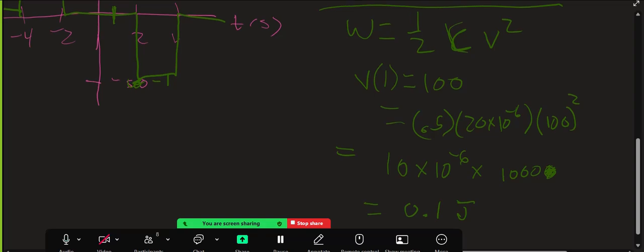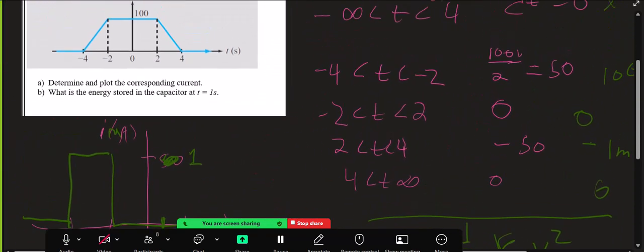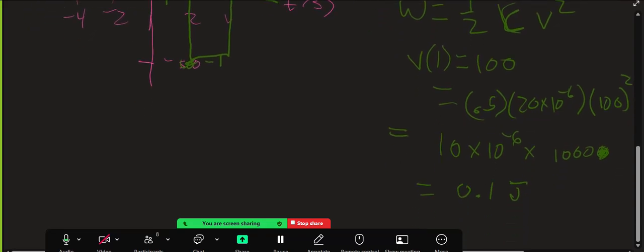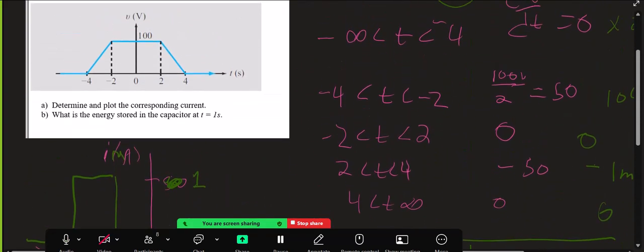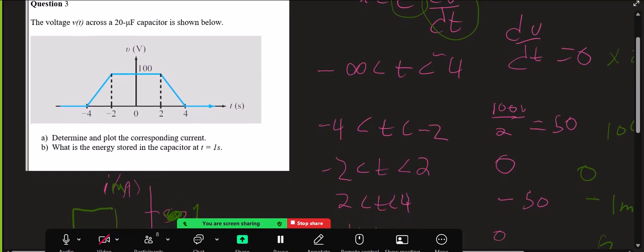There's another way we could do it. We now have the voltage and we have the current, and so you could graph the power equals I times V. Let's see how we would do that. So we know that I was 1 milliamp.